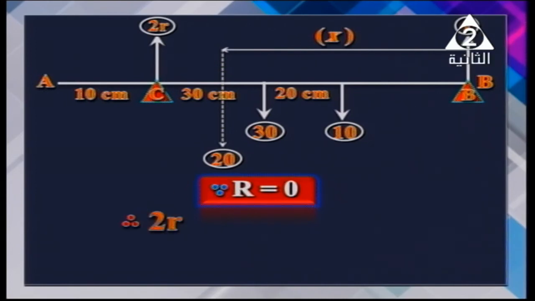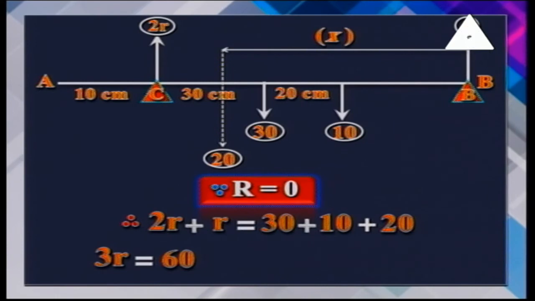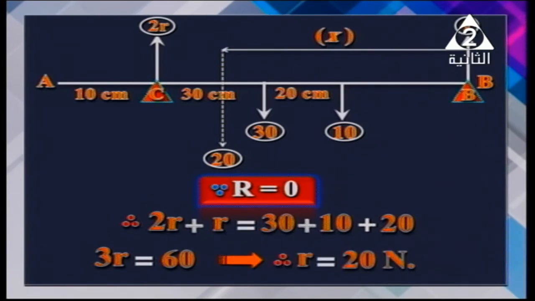By using the equation of equilibrium, 2R plus R equals what? 30 plus 10 plus 20. Therefore, 3R equals 60, R equals 20 Newton.